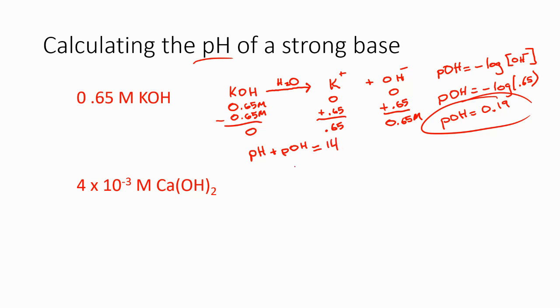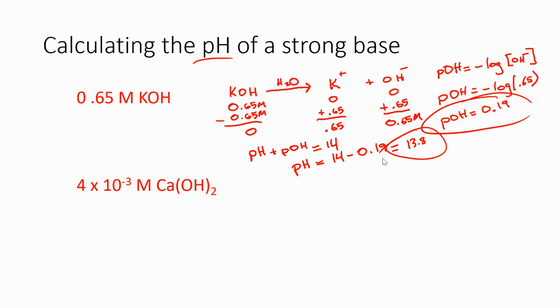So in this case, if I want to find my pH, it's going to be equal to 14 minus 0.19, the pOH, which is going to be equal to 13.8. And that's the pH of a strong base.